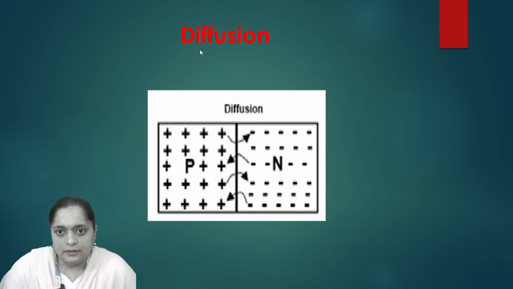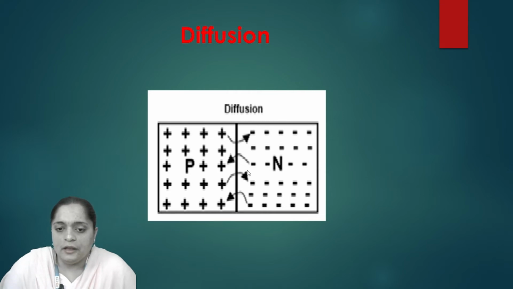The next part is diffusion. Two materials are connected together and a junction is formed. The next step that comes into the picture is diffusion. Already we know that p-type consists of a large number of holes and n-type consists of a large number of electrons.